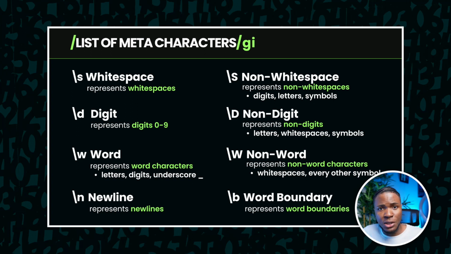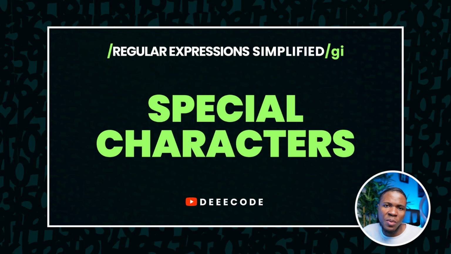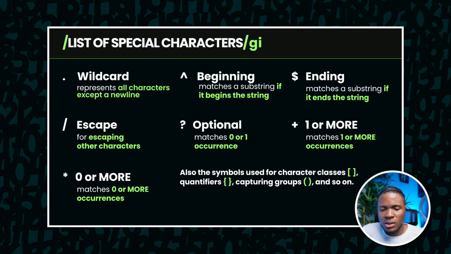For example, we saw the digit meta character, which represents digits. We saw the word meta character, which represents letters, digits, and underscore. And then we looked at special characters, which are symbols in regular expressions that have special meanings. We saw the wildcard special character, we saw the escape special character, and a couple of other special characters.